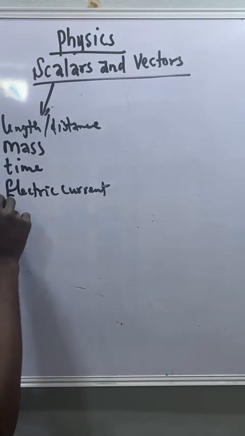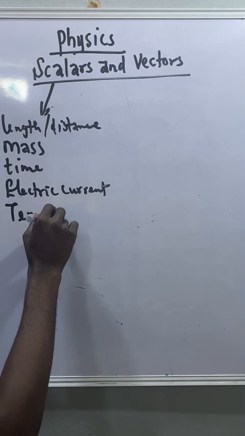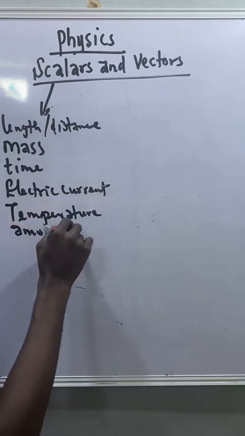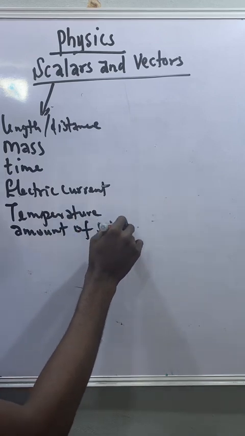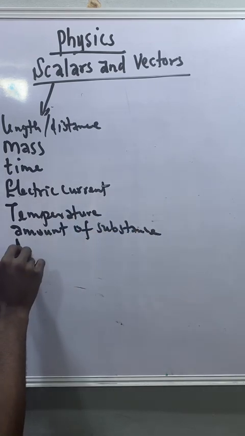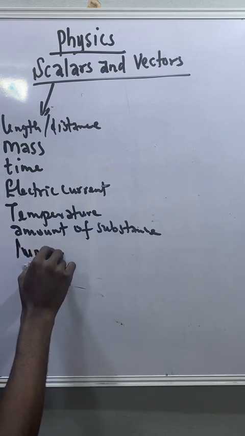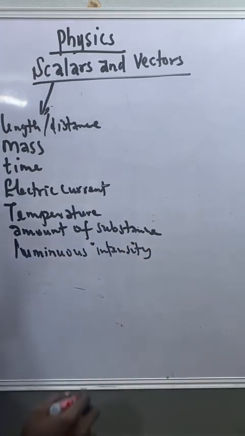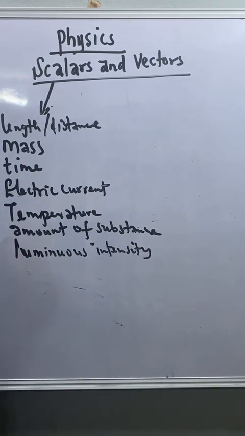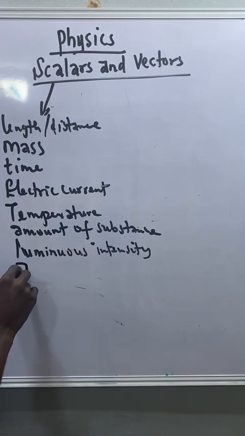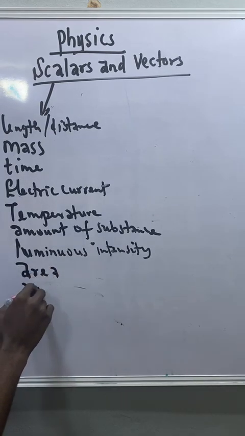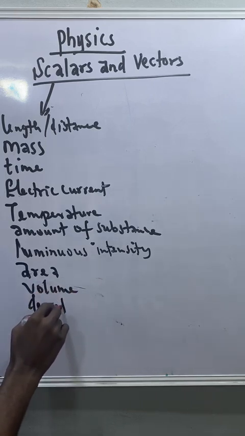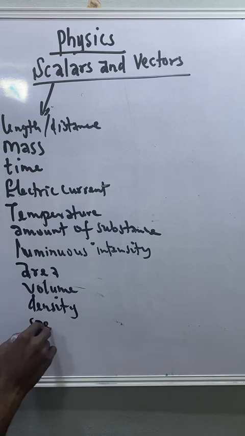Now, electric current, temperature, amount of substance, then luminous intensity. All of these are scalars. Then, apart from this, we still have area. Area, we have volume. We have density. We have speed.